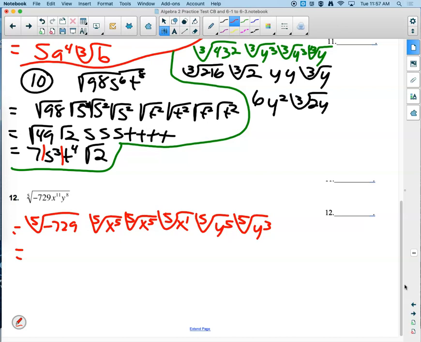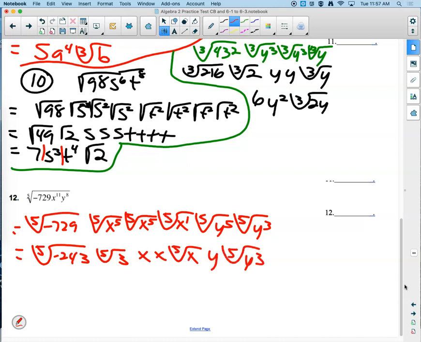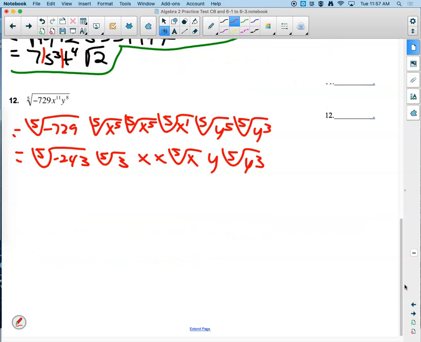Caitlin, you got it? It is. And let's make it a negative 243, so we can take the negative out. That goes in 3 times. And then we've got an x and an x. Fifth root of x to the first, a y, and a fifth root of y to the third. Whew. And what is the fifth root of negative 243? Negative 3.